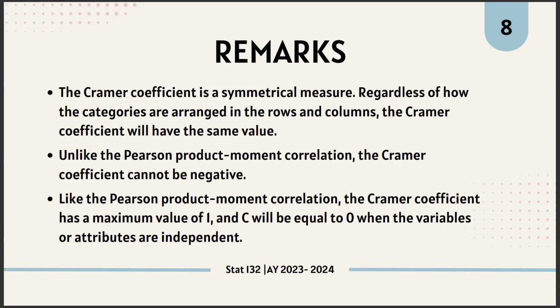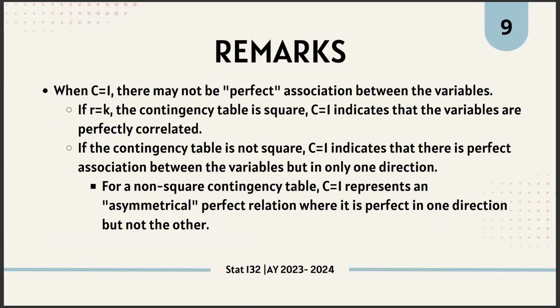However, the Kramer coefficient cannot be negative. Like the Pearson product moment correlation, the Kramer coefficient has a maximum value of 1. And if C is equal to 0, then the variables are independent. However, if our C is equal to 1, we say that there may not be perfect association between the variables.